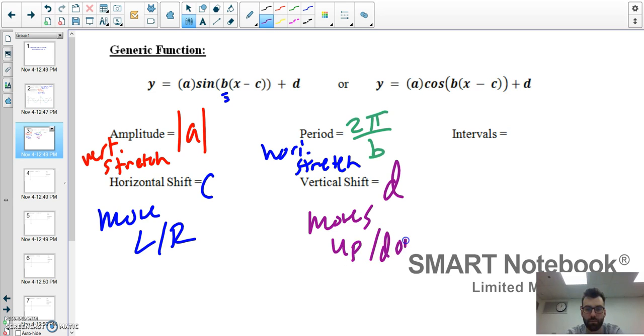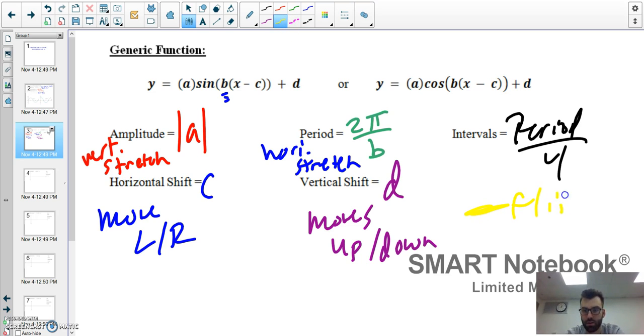And our intervals, remember, are just a period over 4. We also have the negative flip over the x-axis. You can flip over your y-axis, but we're not going to be discussing that in this course. So let us try one.